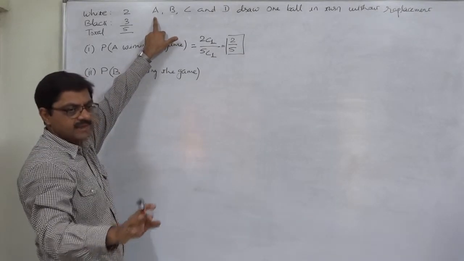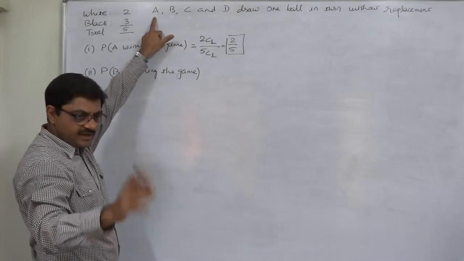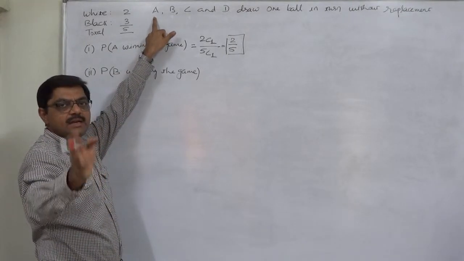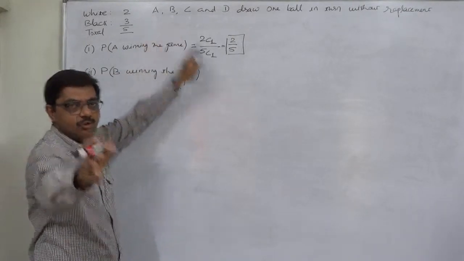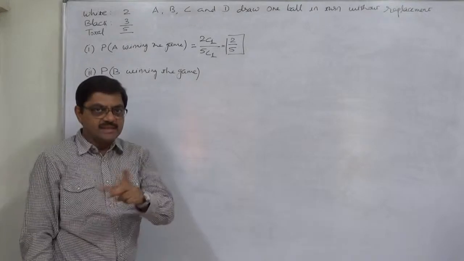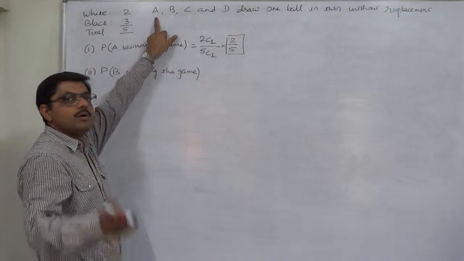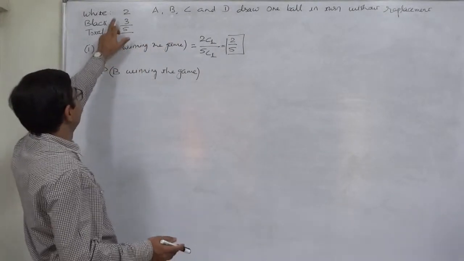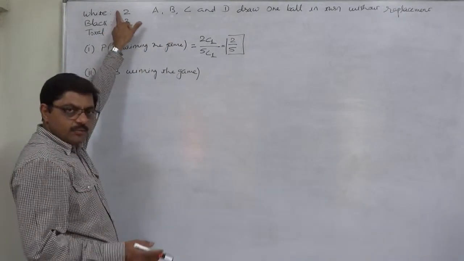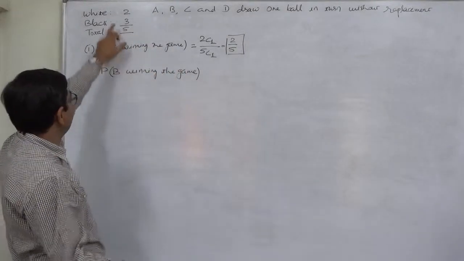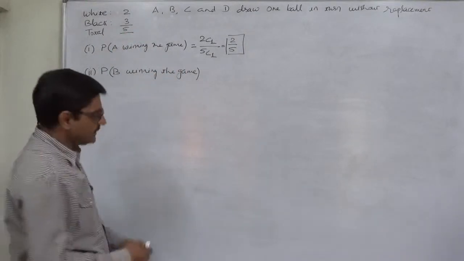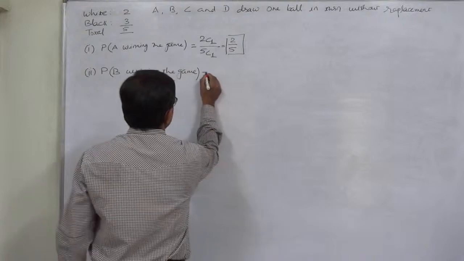He doesn't replace that ball. If it is white, A wins the game. If it is not white, that means now there is B's turn. So B's turn is possible only if A does not win the game, or in other words, A takes a black ball.